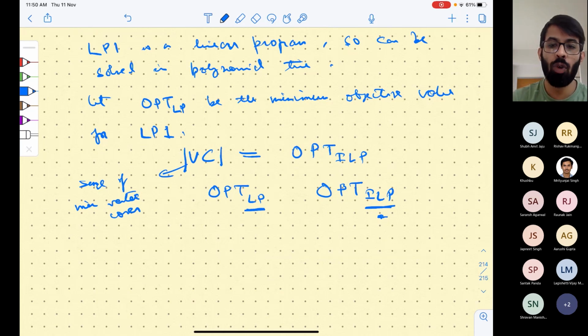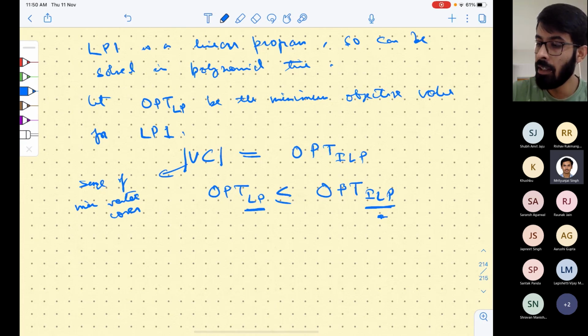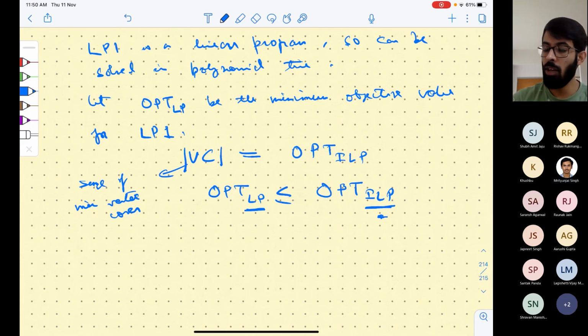So which can give you lesser solution? Lesser objective value? The LP. LP can give you lesser, right? So the objective value of LP is going to be less than or equal to the objective value of ILP. So what does that mean?